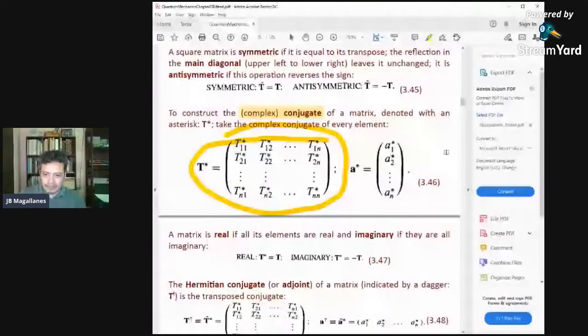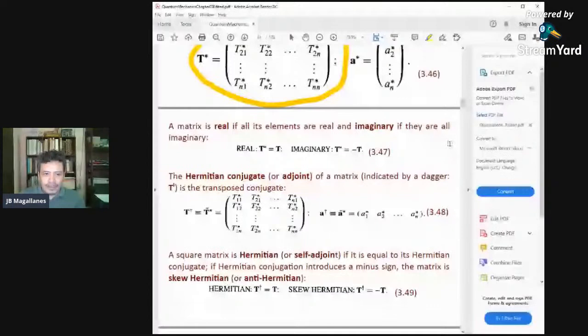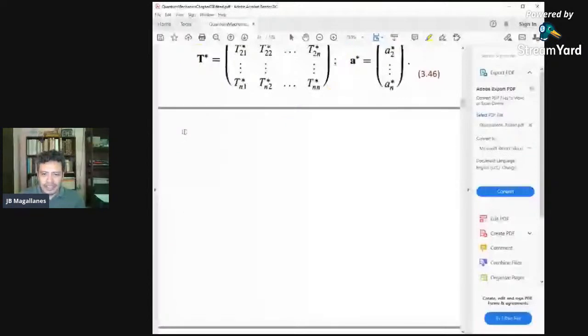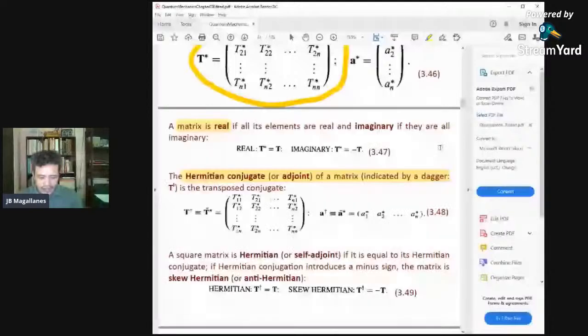If you have a matrix that is real, then the complex conjugate of that matrix would be equal to the original.